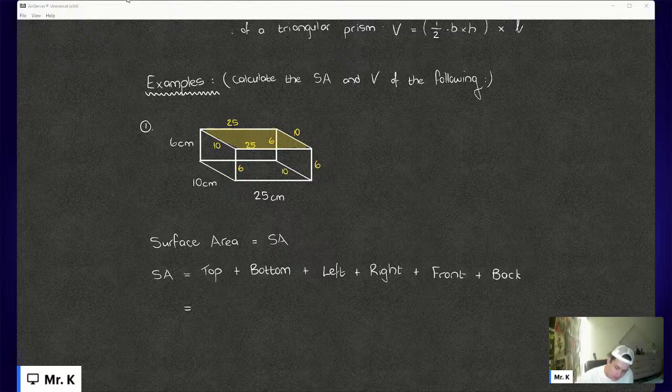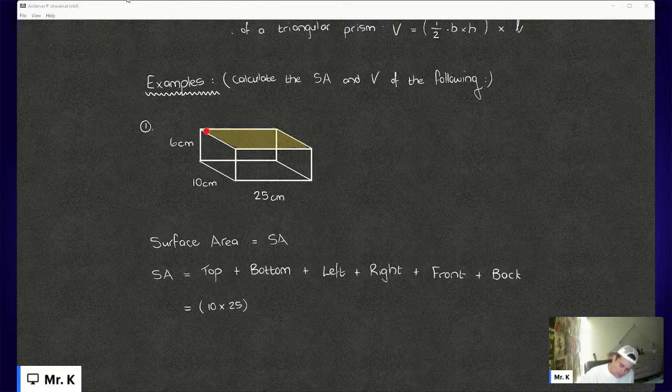But looking at this rectangle that I have on the top of my shape, I can see that it needs to be 10 centimeters long and 25 centimeters wide, right? So we're going to start with the top rectangle, which is going to be 10 times 25.